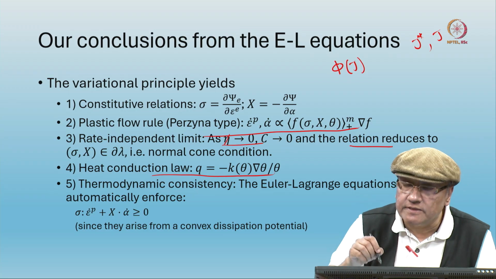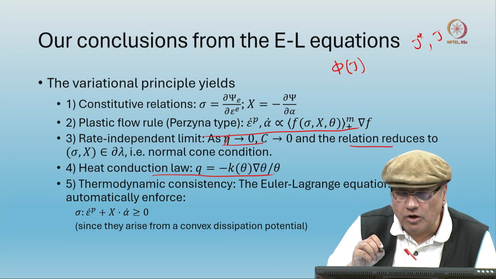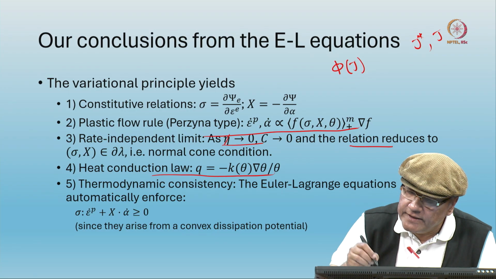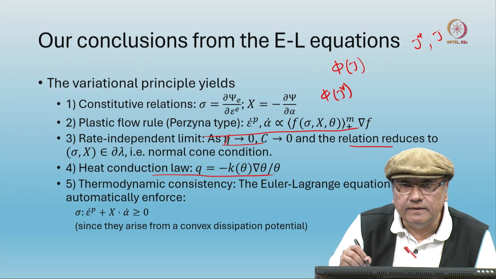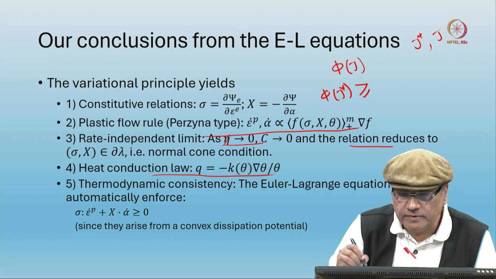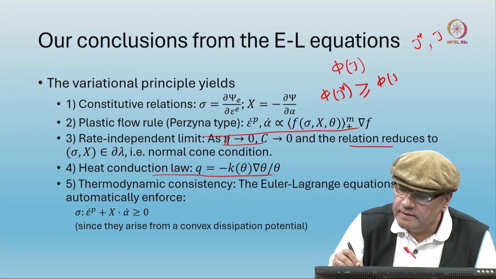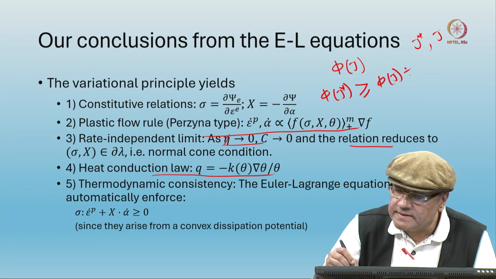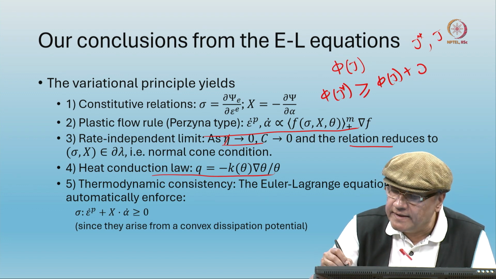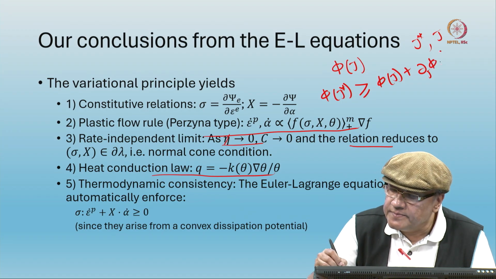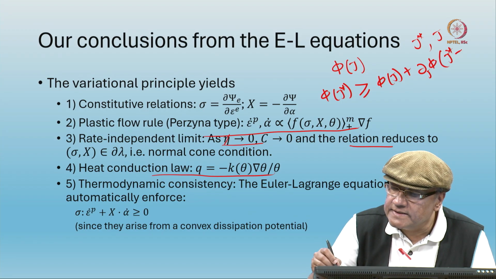So since phi is convex, we can write phi of j star will be greater than or equal to phi of j, plus del phi, basically grad phi or del j phi, at j, times j star minus j.